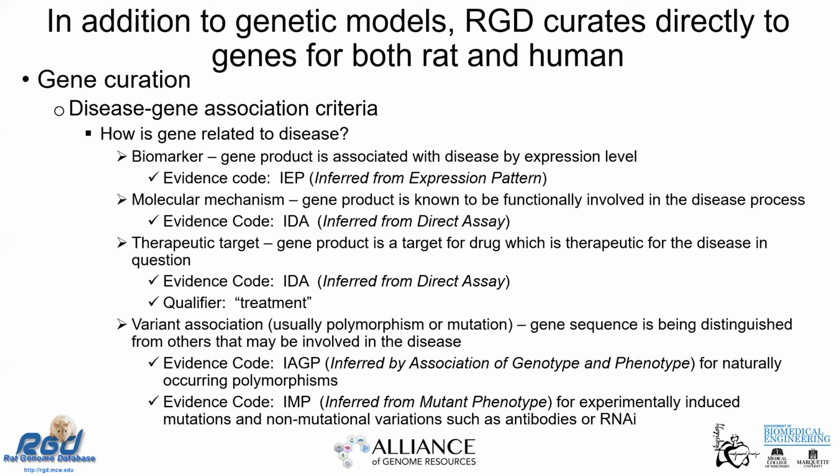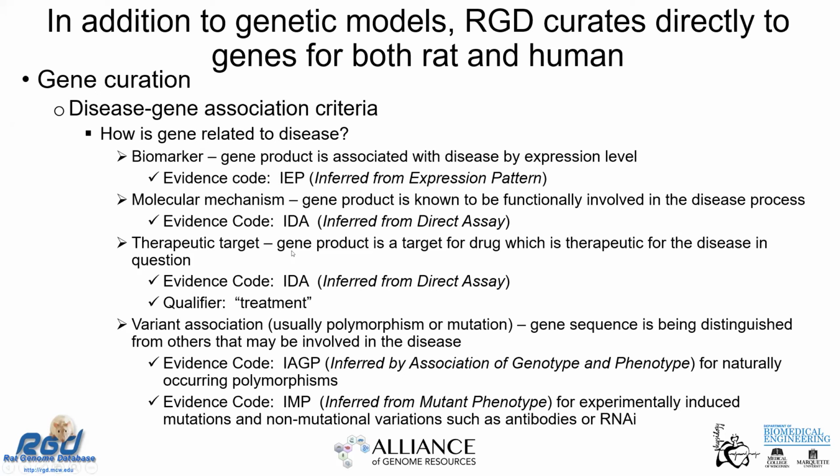And we found that kind of data is much more common than actual genetic modifications. So we actually do these biomarker annotations. We do annotations to molecular mechanisms where a gene product is known to be functionally involved in the disease process, and give it an evidence code of inferred from direct assay.